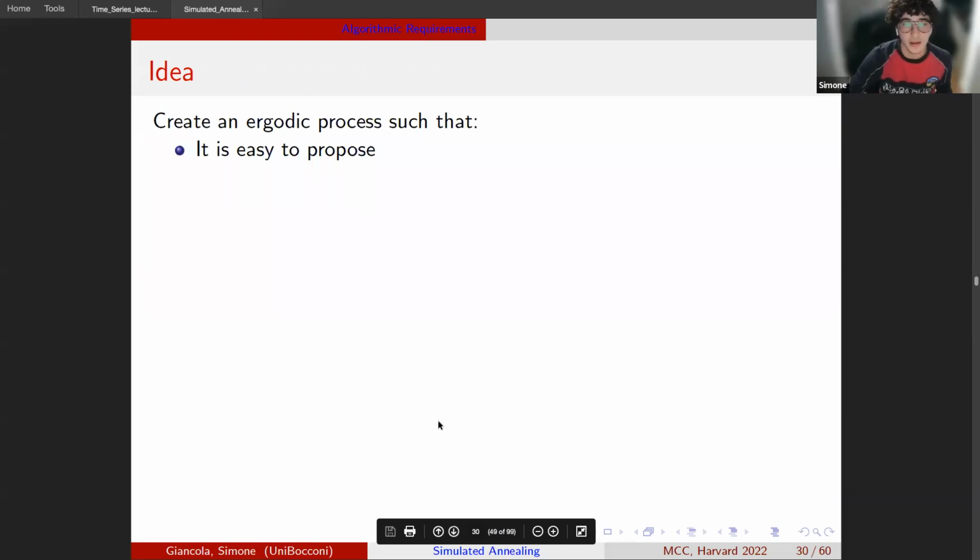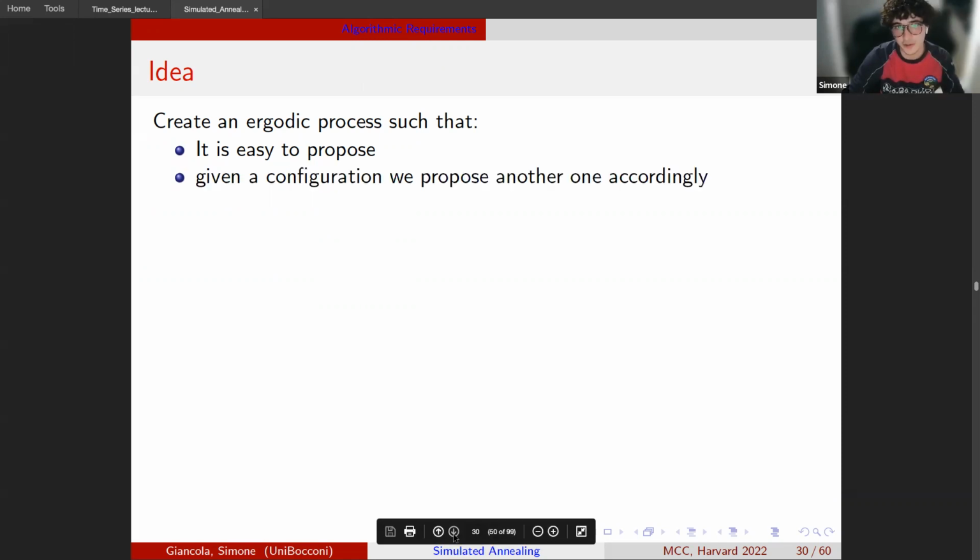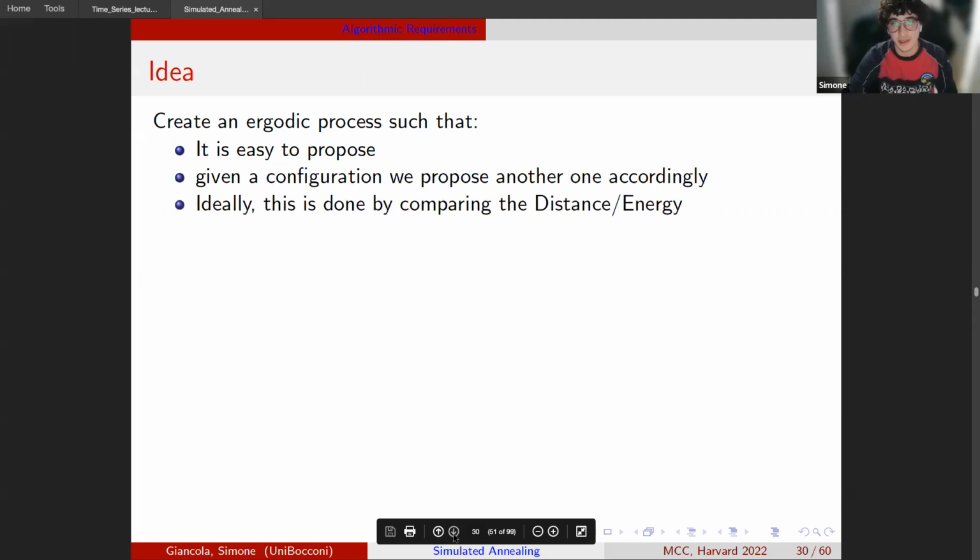If we create a process that is able to explore the space efficiently and in a sufficient manner, where it is easy to propose different configurations, which are in line with the configuration we have at the moment.